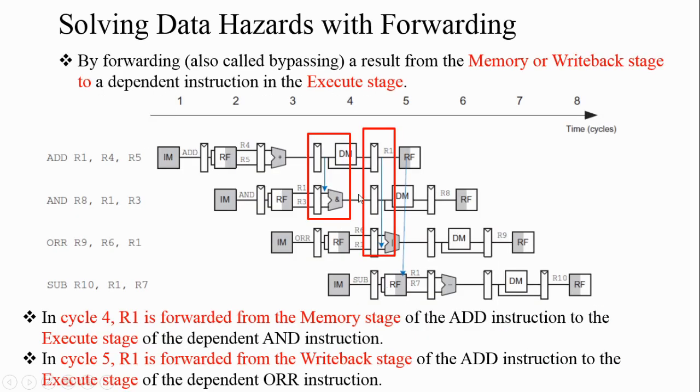Because in forwarding technique, before getting the register from the write back stage, you can get the result even from the memory stage or from the starting of the write back stage. Previously you would get the result only after completing the write back stage, but by incorporating forwarding technique, you can forward the result from the memory stage or from the write back stage.